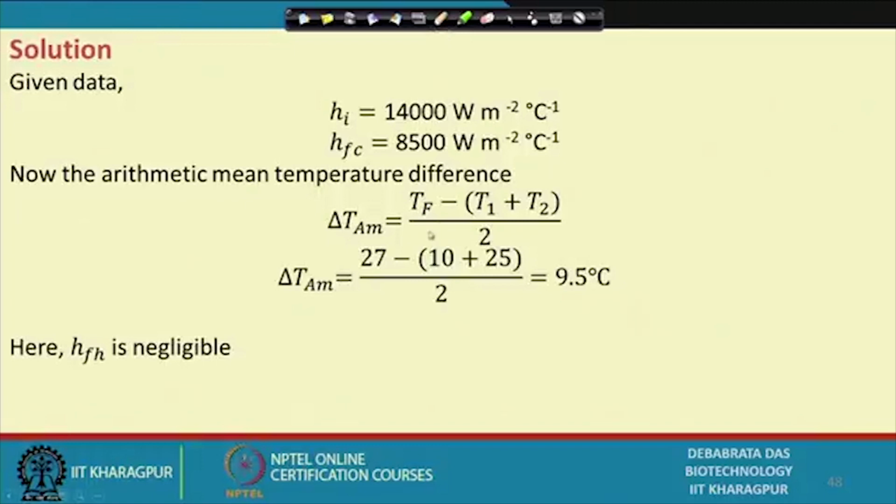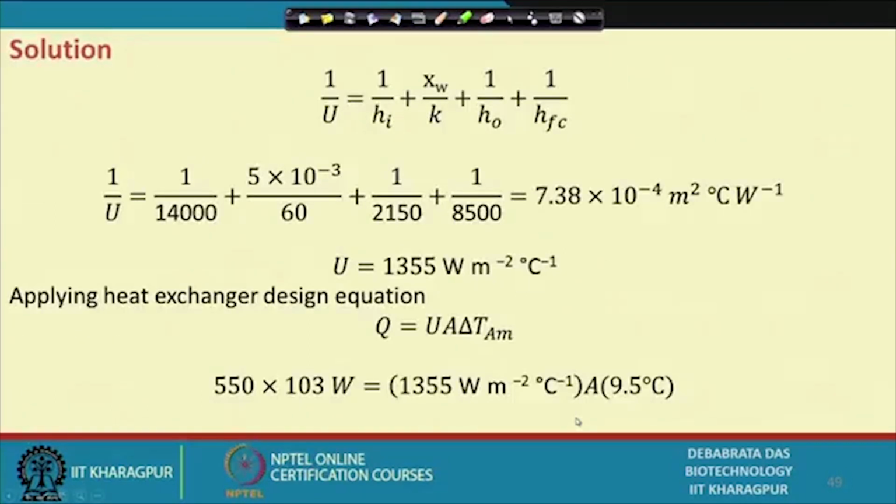So the final temperature is 27 degrees centigrade, and this is (10 plus 25) by 2, we can easily find out. The fouling factor h_f of the hot surface is neglected. Then this is the resistance, 1 by U equal to this, we can easily calculate, and we find out the U value.